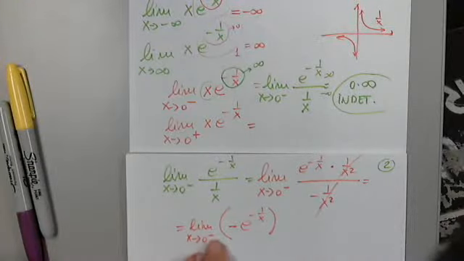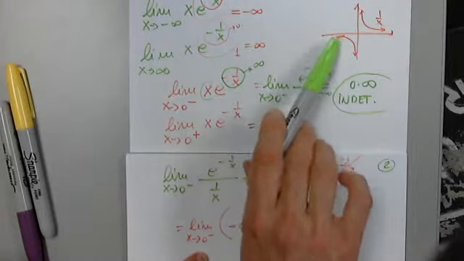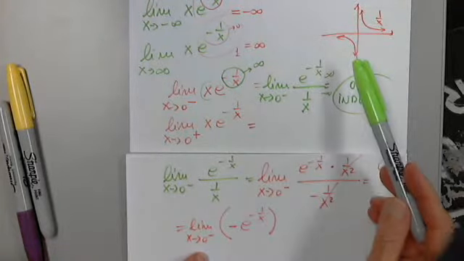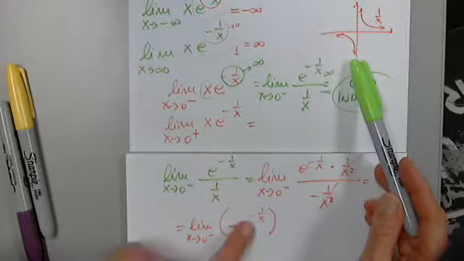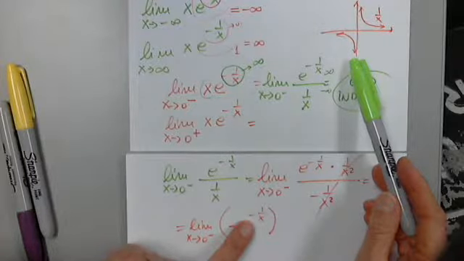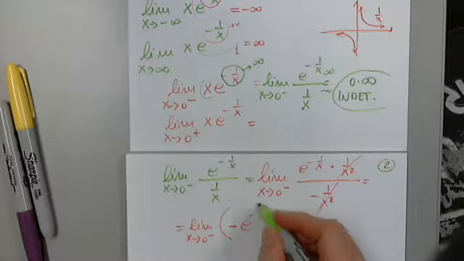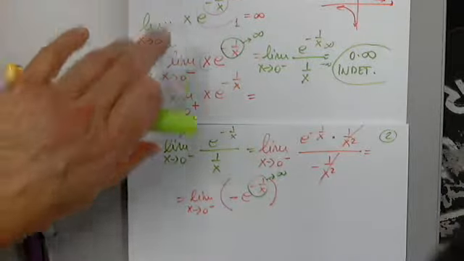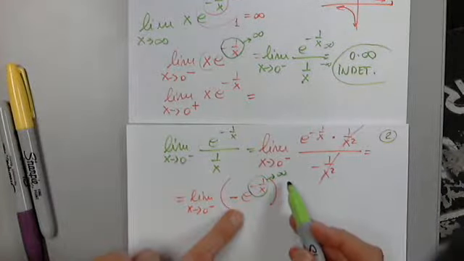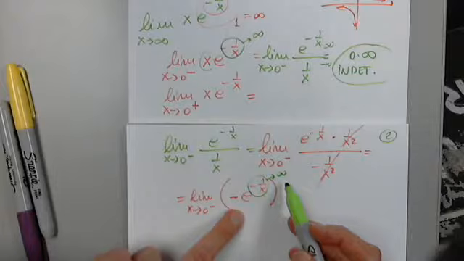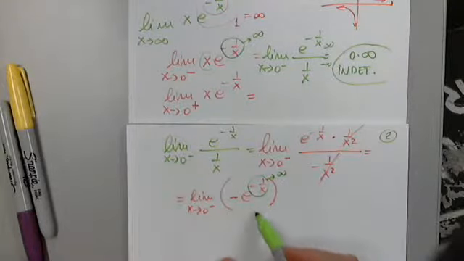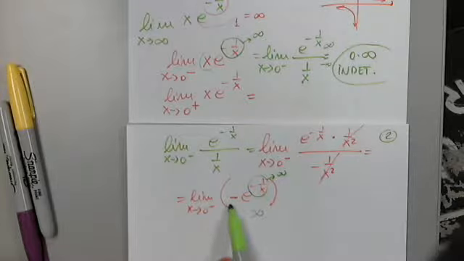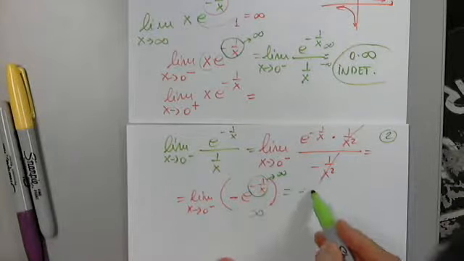As x approaches 0 from the left, 1 over x approaches negative infinity, but with minus in front, it will approach infinity. Then e to infinity will be infinity. With minus in front, that would be negative infinity.